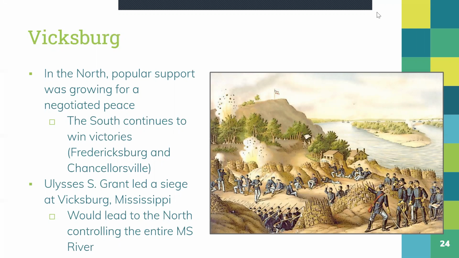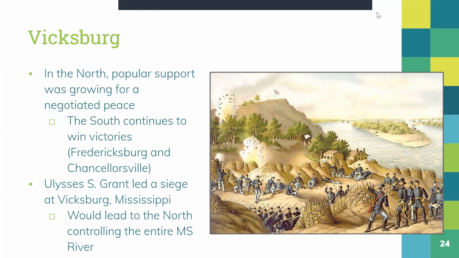Grant is a Northern general who attacks going down the Mississippi River. And they know if they control the Mississippi River, they would make sure that they could travel up and down and would stop the South from using it to transport goods, men, and crops.